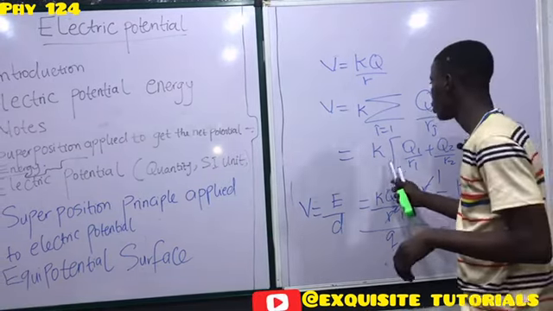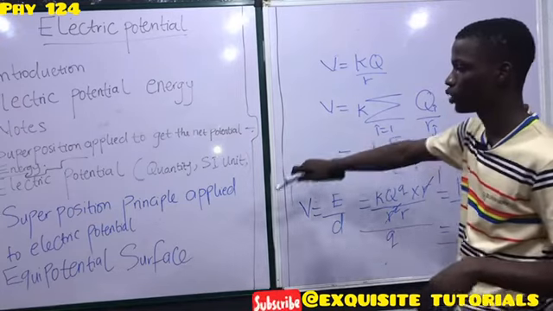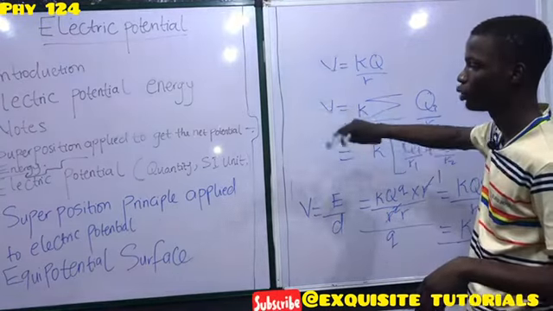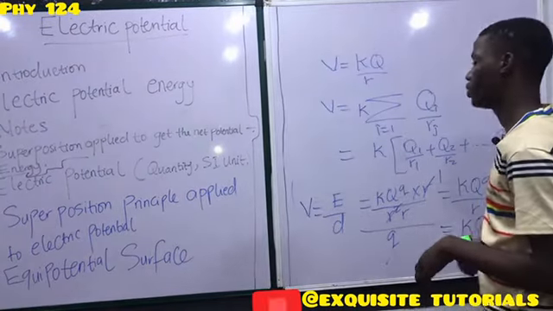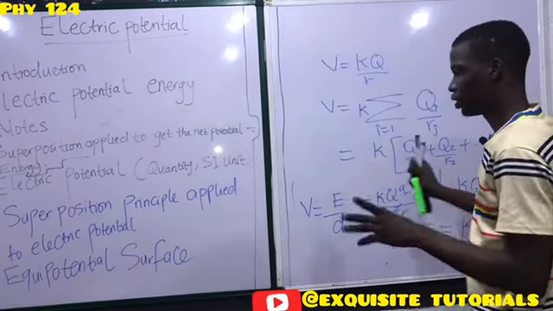So this is the form of the superposition principle when it's applied to electric potential when there are several charges.